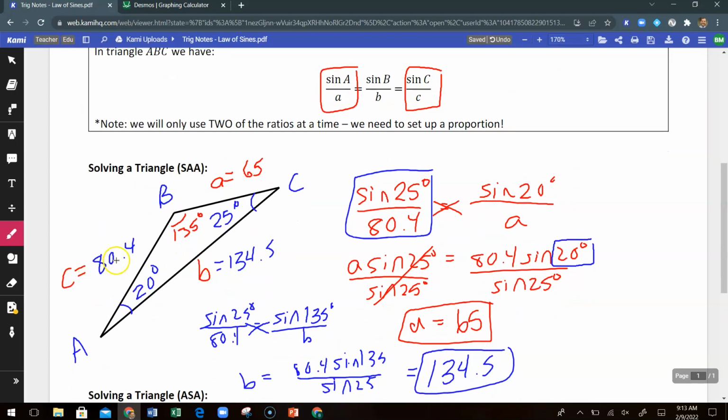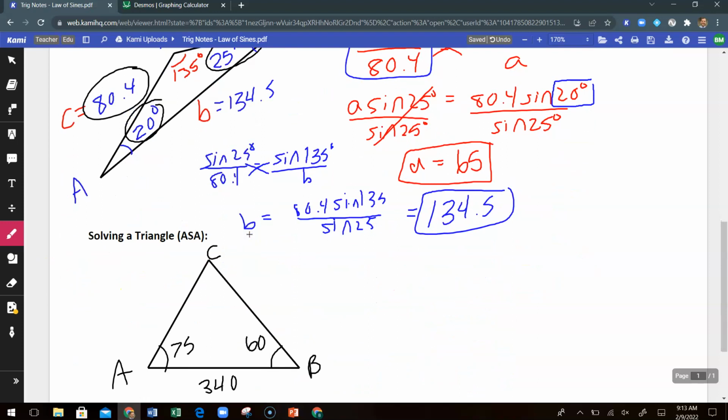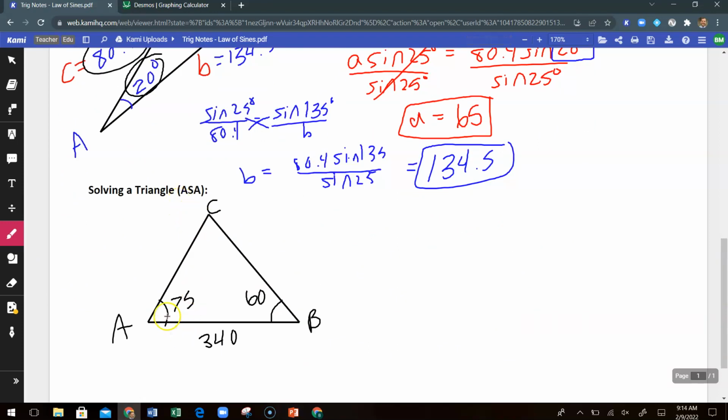And what that means is I was given this side length and then an angle and then nothing again if I'm going counterclockwise here until another angle. So I'm given side, angle, angle in that order. Here I'm given angle, side, angle, right? I'm given the side that's between the two angles that is given.